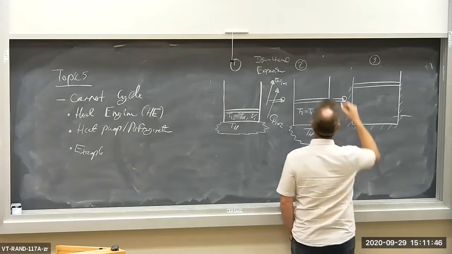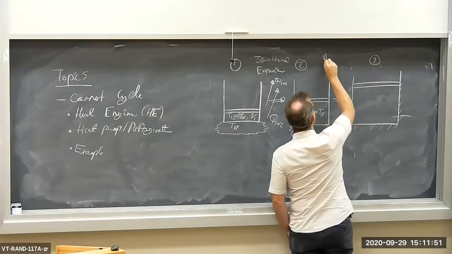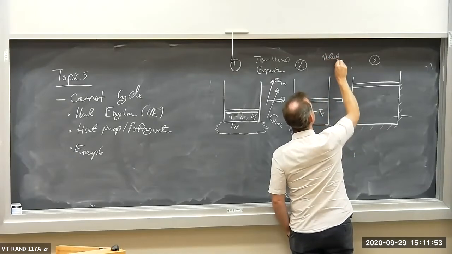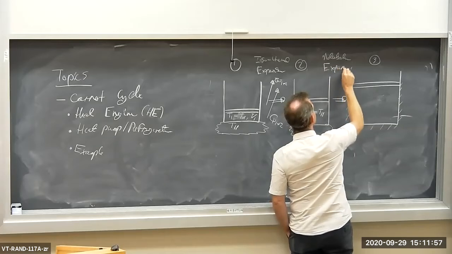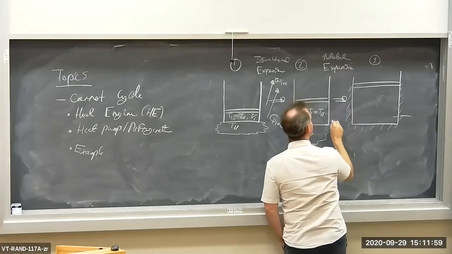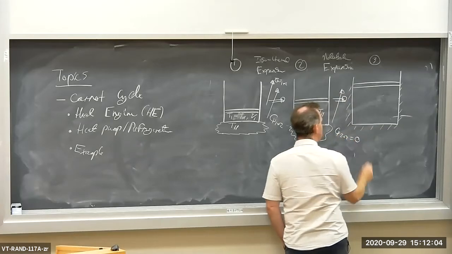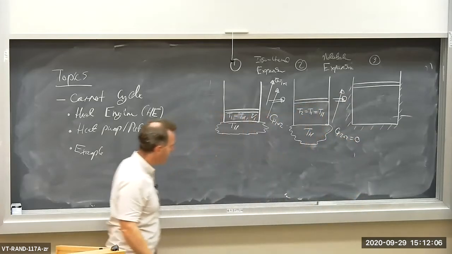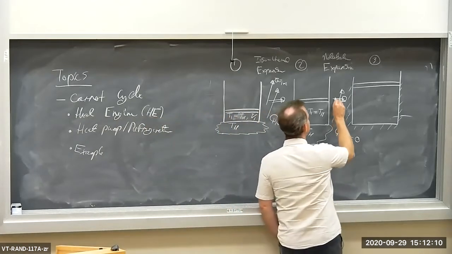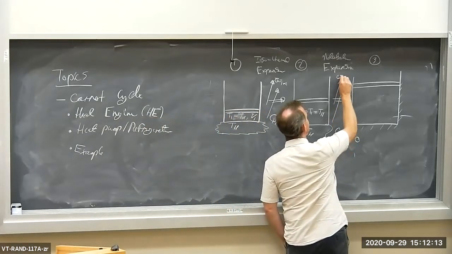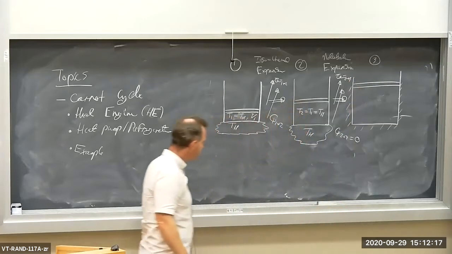Let's expand adiabatically the air from state 2 to state 3. So this is adiabatic expansion. What that means is no heat transfer. Q2 to 3 equals 0. Why? Because it's adiabatic. And of course, the system is doing some work, it's expanding, so there is some boundary work going on from state 2 to state 3. Okay?